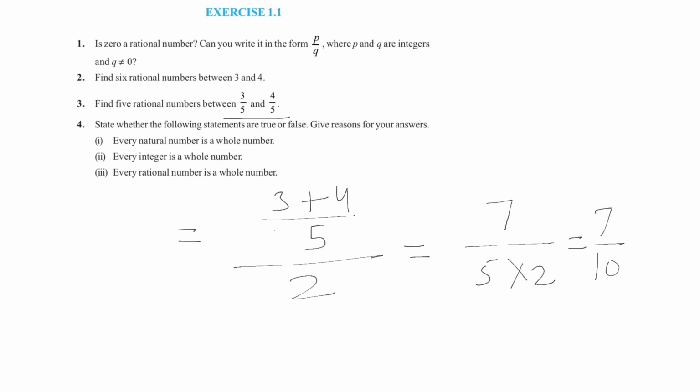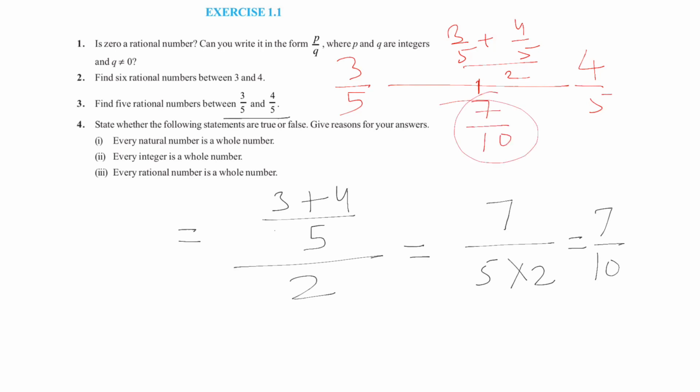So what we got here is, if 3 by 5 is written here and 4 by 5 is written here, we got a rational number exactly in the middle by adding these two numbers and dividing by 2, and that is 7 by 10.